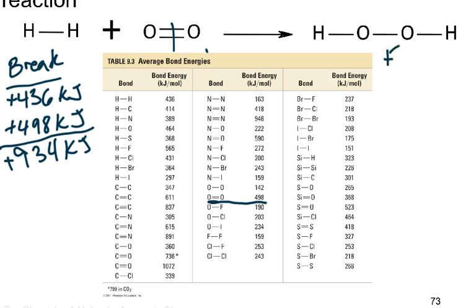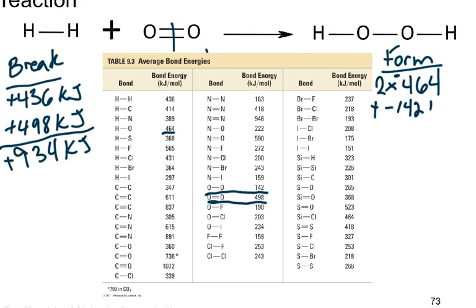Then on our bonds forming side, we are forming 2 hydrogen-oxygen bonds, which are 464, plus, and forming it's going to give it off, plus 1 times an oxygen-oxygen bond, which is 142. So in total, we will give off 1,070 kilojoules.